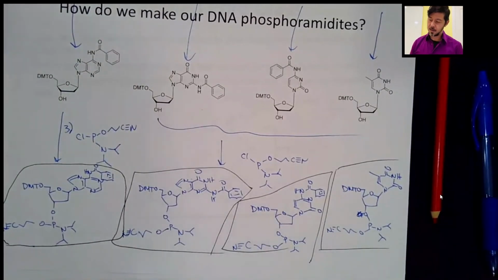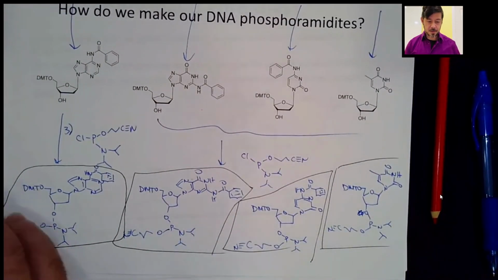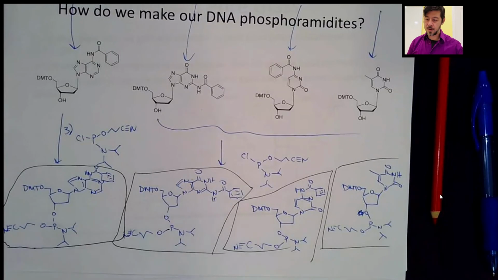Okay, so now that we've learned how to make these, they are robust. We can store them for many months in the freezer, and the chemistry to make them is really quite established. Over the years, the price of DNA phosphoramidite synthesis has gone down, which is great because this has allowed sequencing to occur really rapidly and in a cost-effective fashion.